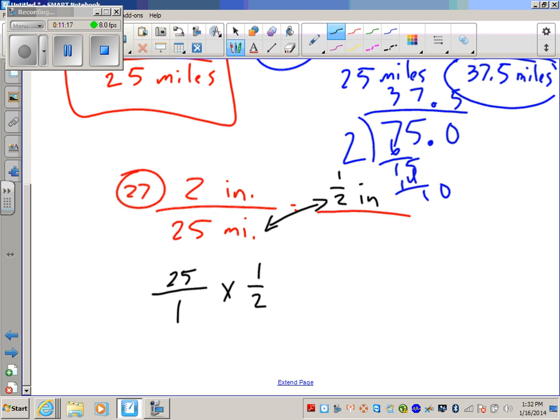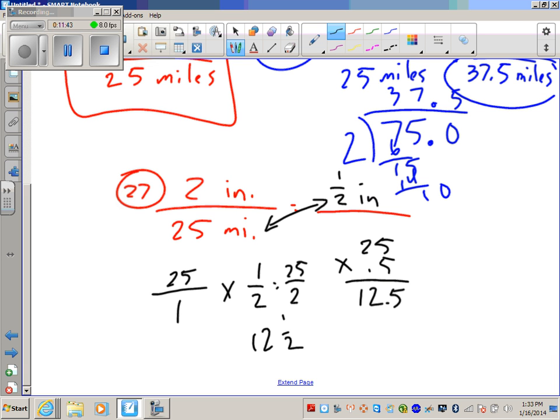Or, do you know half as a decimal? I could either do it this way, or I can multiply 25 times 0.5. Either way, I'm going to get 12.5 or 12 and a half. It's the same thing. Am I done?